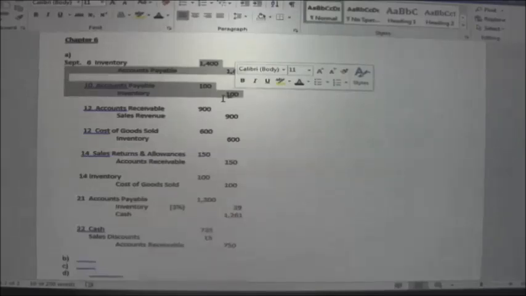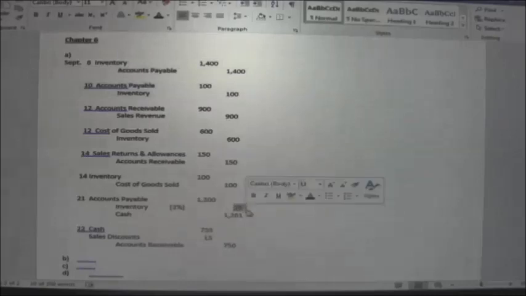Did it cost me $1,300? No, because I paid for it within the discount period. What's the difference between the $1,300 and $1,261? $39. I'm reducing the inventory to the amount that it cost me. That's the process that you're going through in that journal entry.